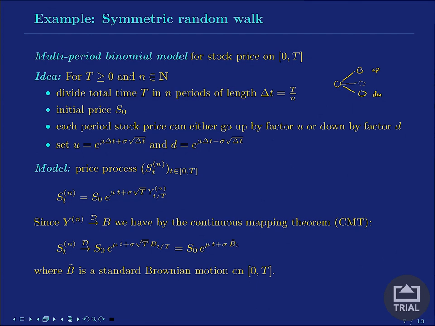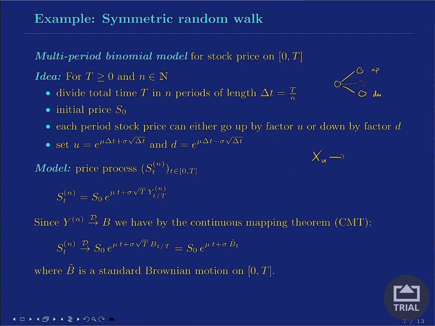So the continuous mapping theorem says, we have that in the problems of this week, that if we have a convergence in distribution of random entities, so this could be stochastic processes, simply random variables.